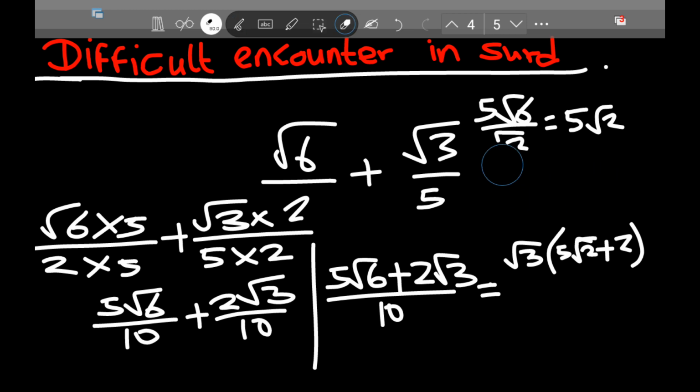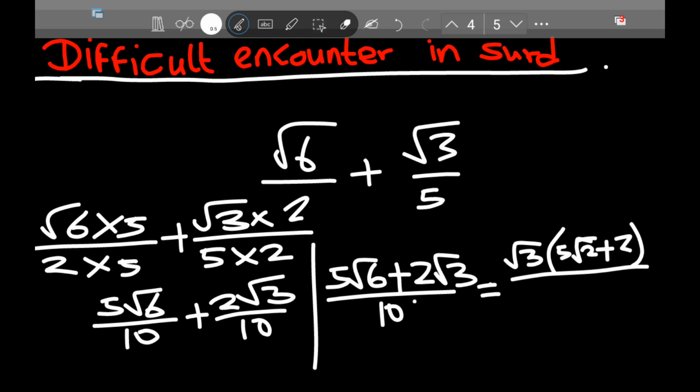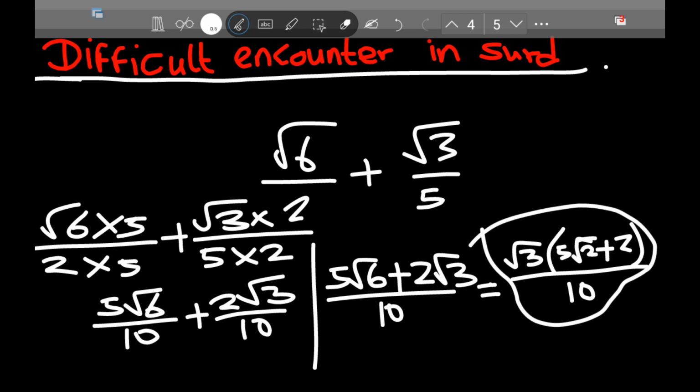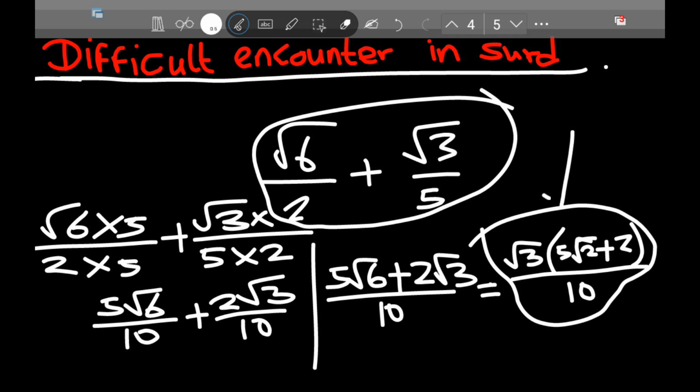You can get rid of them, but you need to know how I did it. Now just write 10 here for the denominator. Now this is the answer for this sum that is over here. So this is the answer. It's root 3 bracket 5 root 2 plus 2, over 10. So that is the answer.